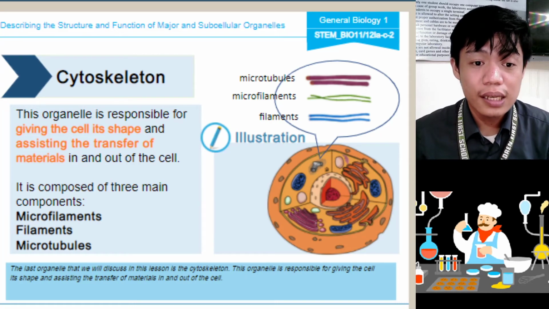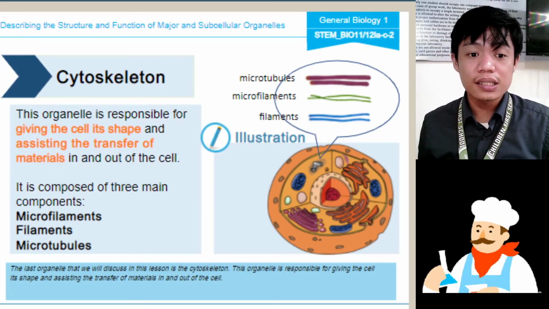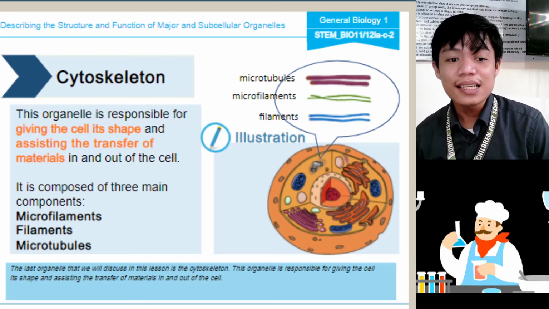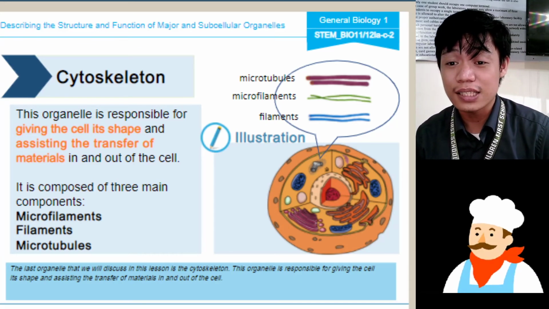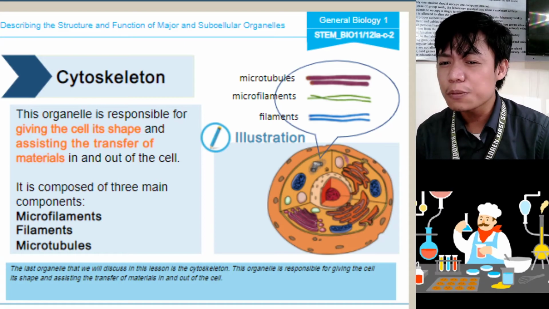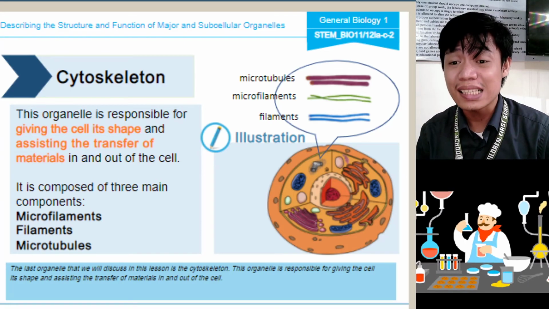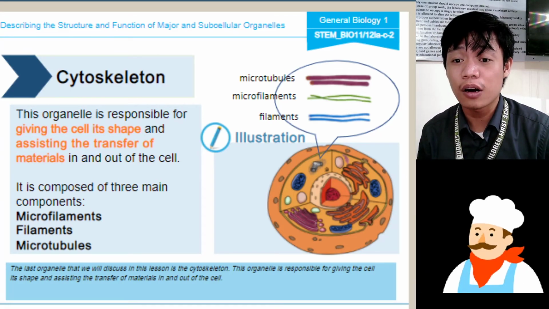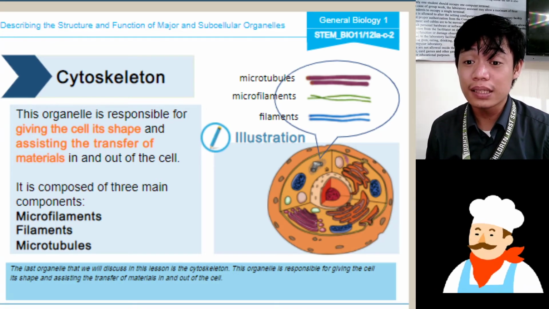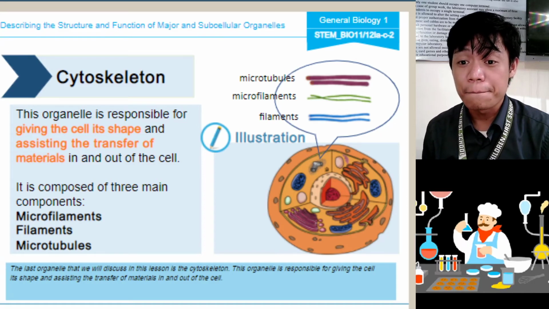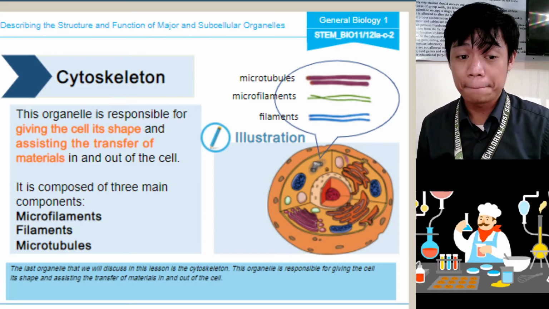This organelle is responsible for giving the cell its shape and assisting the transfer of materials in and out of the cell. So what specific part of the cell assists the in and out of foreign substances? It will be the cellular membrane or the plasma membrane.